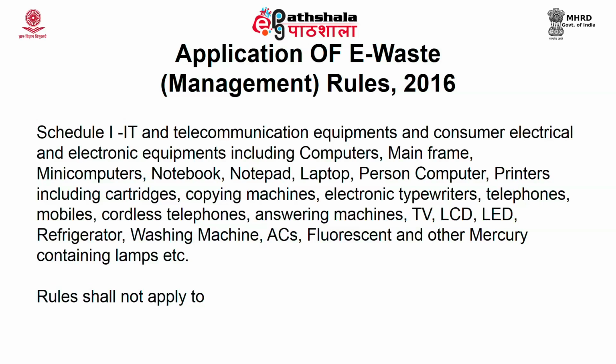If we have a glance at the schedule, it includes, number 1, IT and telecommunication equipment and consumer electrical and electronic equipment, including computers, mainframe computers, mini computers, notebook, notepad, laptop, personal computer, printers including cartridges, copying machines, electronic typewriters, telephones, mobiles, cordless telephones, answering machines, televisions, LCDs, LEDs, refrigerators, washing machines, air conditioners, fluorescent and other mercury containing lamps.